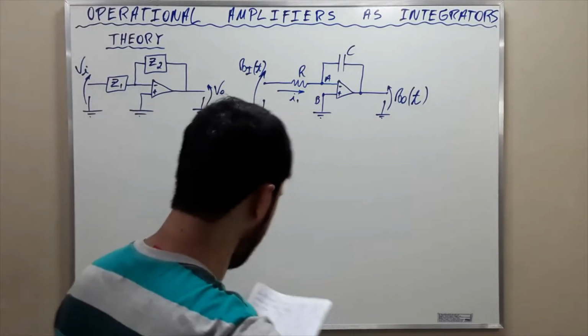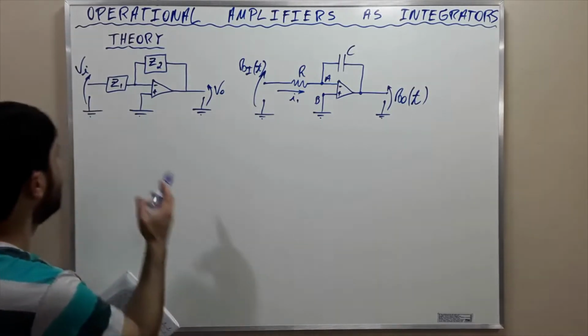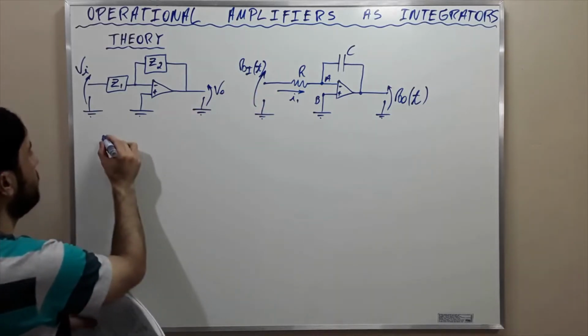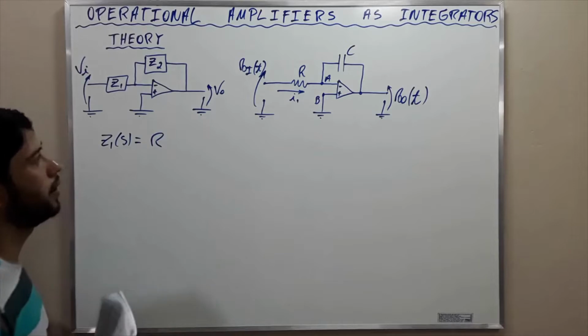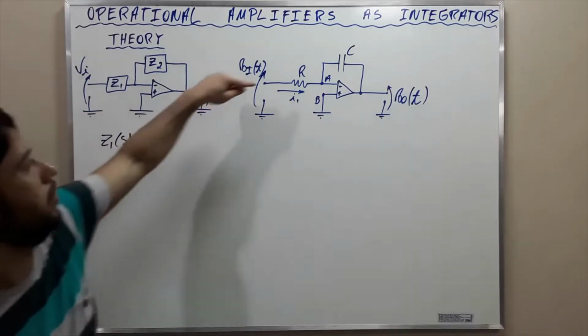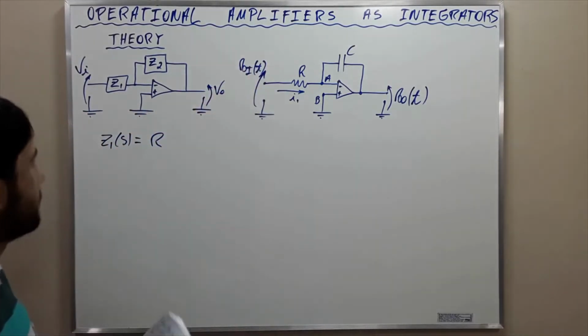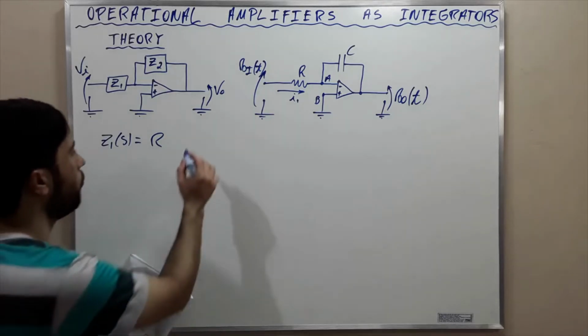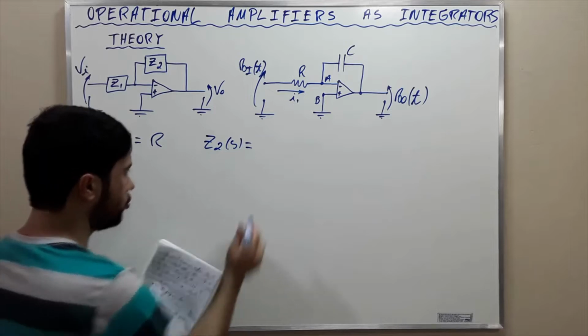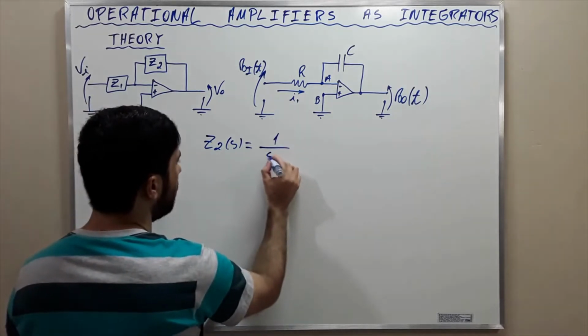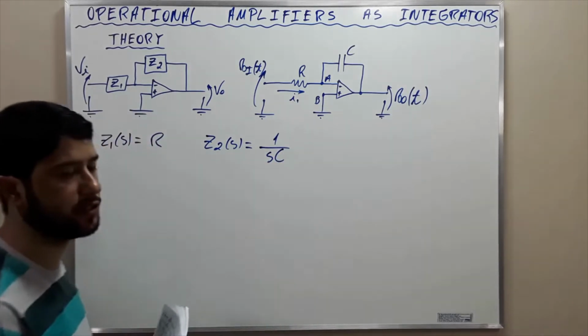In the frequency domain, here Z1 is equal to R. Okay? Z1 is R. And Z2 is equal to 1 over SC.